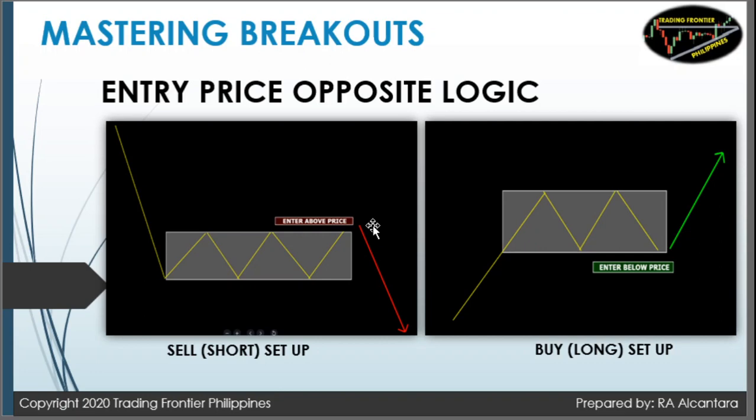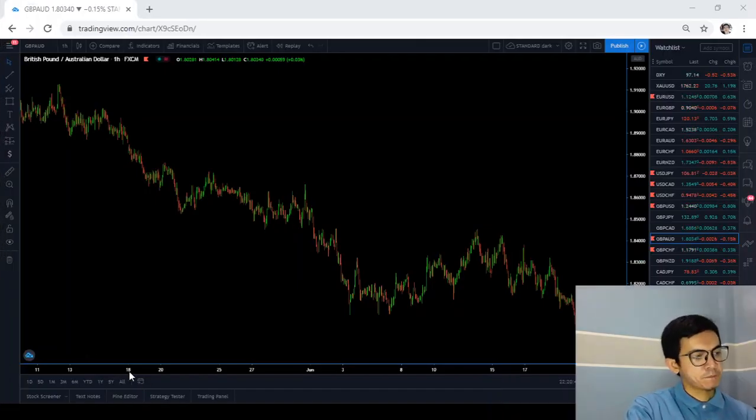So, tara, punta tayo sa charts para makita natin yung ibang examples or para makita nyo in actual ano yung sinasabi ko. Kapag nandito tayo sa isang sell or short setup sa entry price opposite what? Logic. Alright. So, punta tayo sa charts. Alright. Okay.